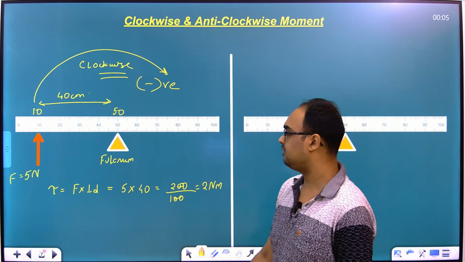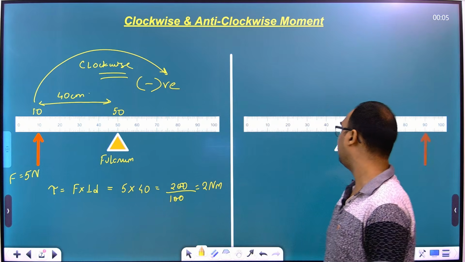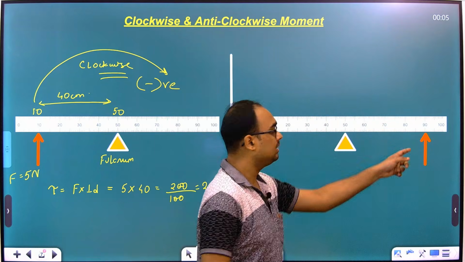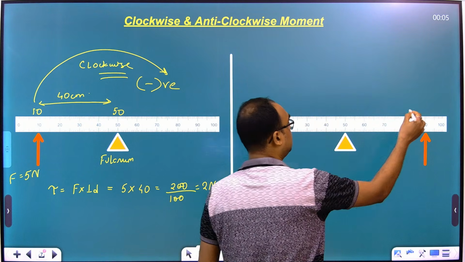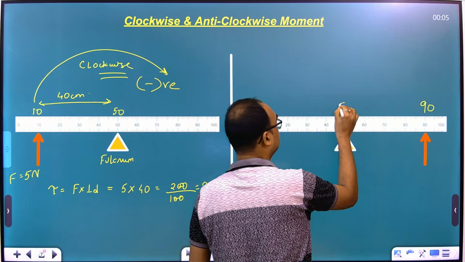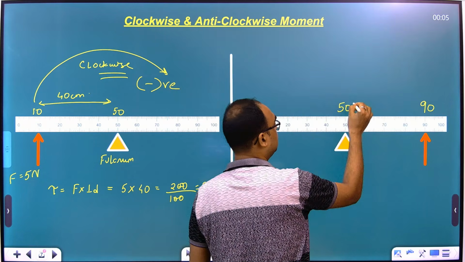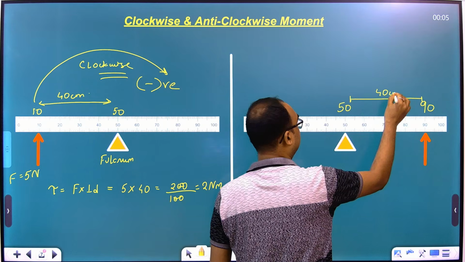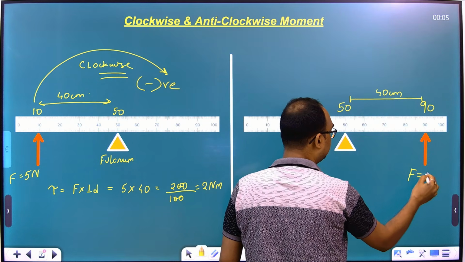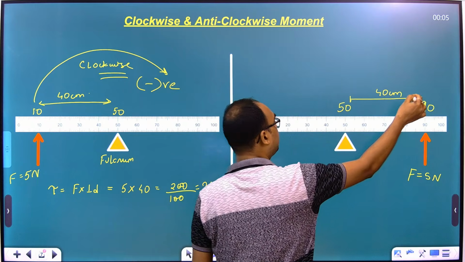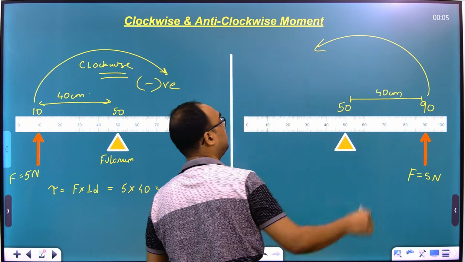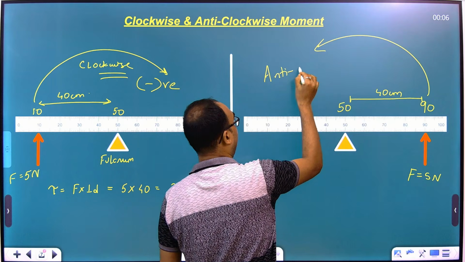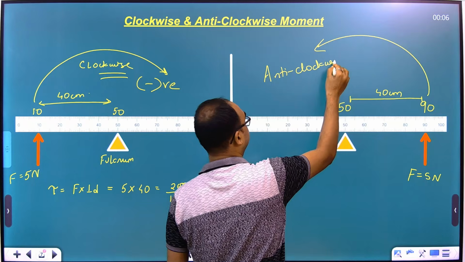Now, if we move a step forward, if we repeat the same thing, but this time we are applying force at the 90 centimeter mark. Here is the 90 centimeter mark, the fulcrum is at 50. The distance from the fulcrum to the point of force is again 40 centimeter. Let the force be 5 Newton. Now if you apply the force, you can see that the body will move in an anti-clockwise manner.